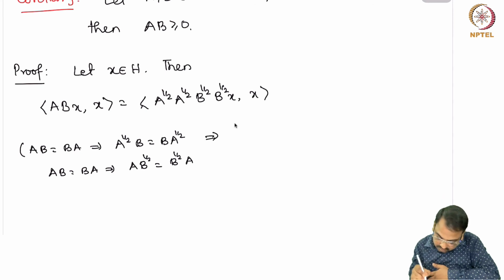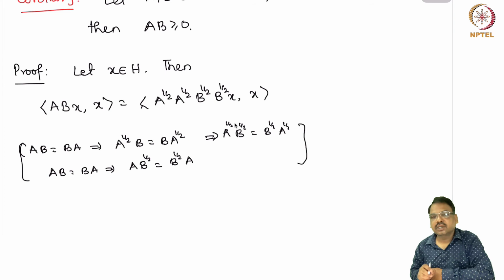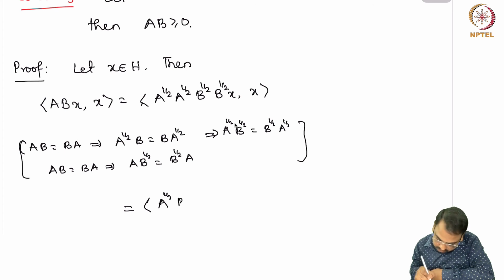So from this we can say that A to the power of half B to the power of half is B to the power of half A to the power of half. Okay. So whenever AB commutes, then the square roots also commute with each other. Now from this we can actually show that (A^(1/2) B^(1/2) x, x) is equal to (B^(1/2) A^(1/2) B^(1/2) x, x).